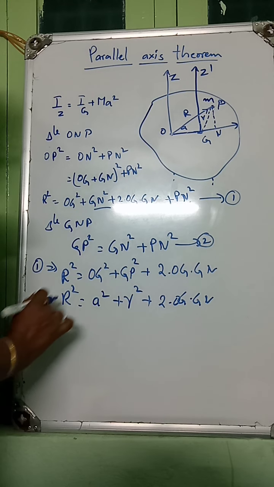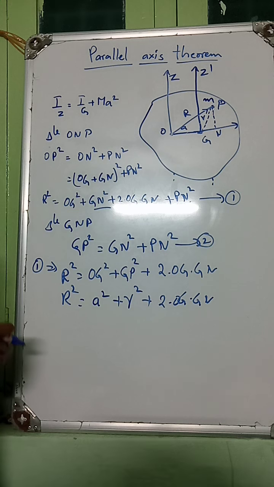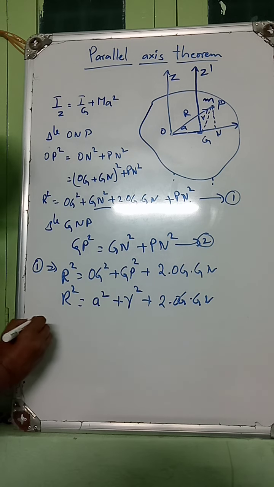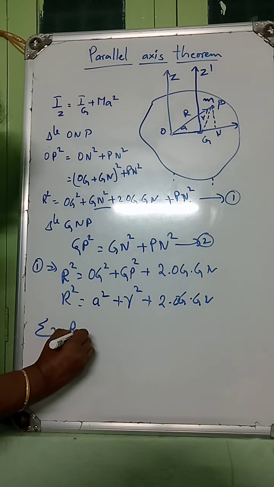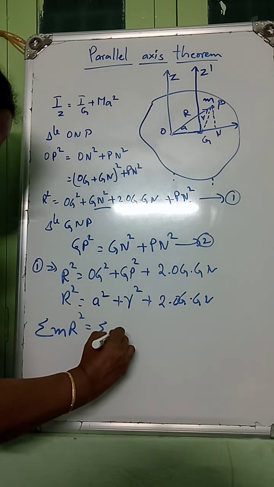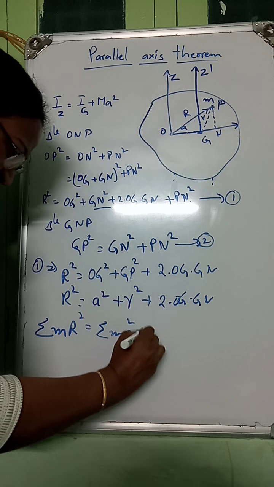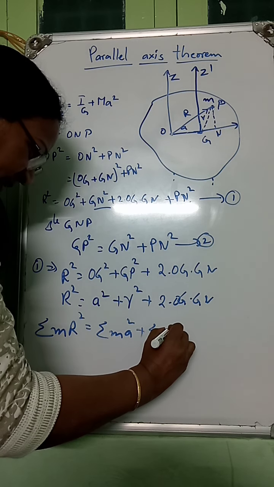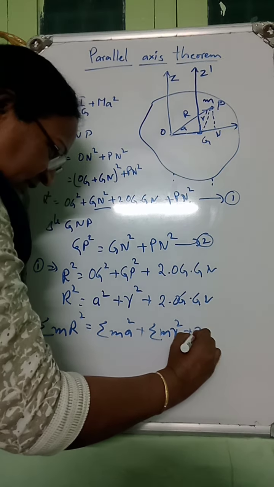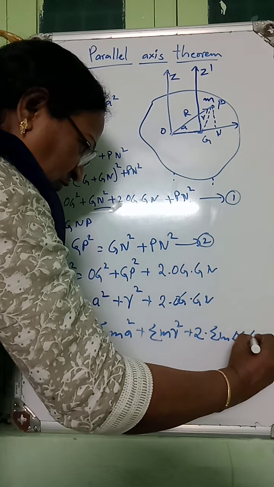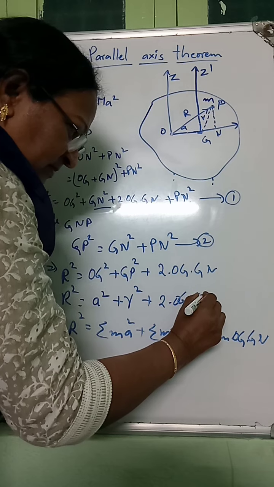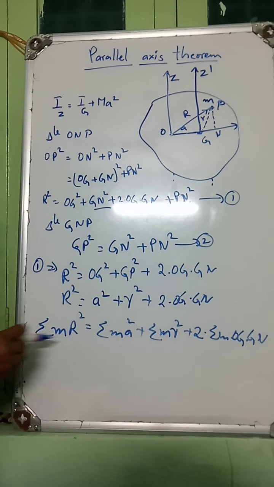Now take sigma m on both sides. Multiply with sigma m. Sigma m is total mass of the lamina. Sigma m into R square is sigma m into A square plus sigma m into small r square plus 2 sigma m OG into GN. Okay.